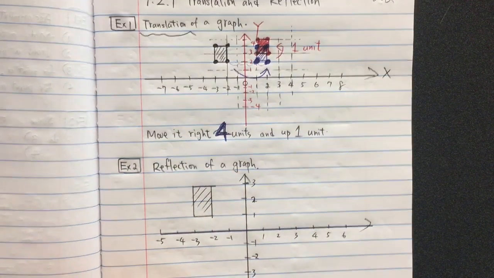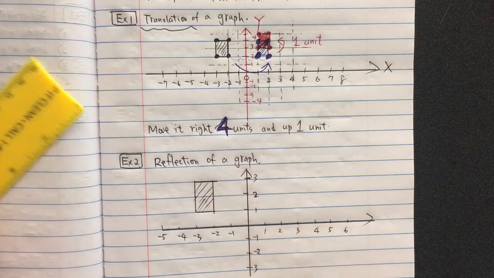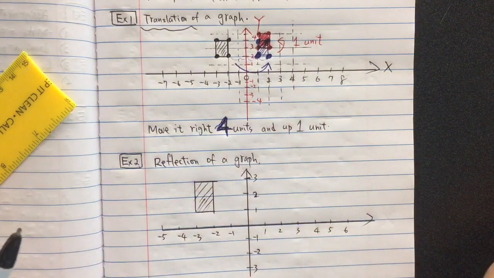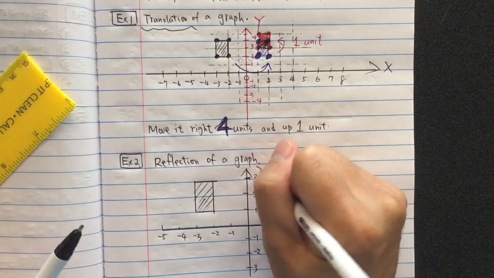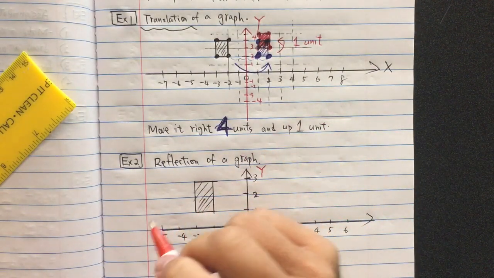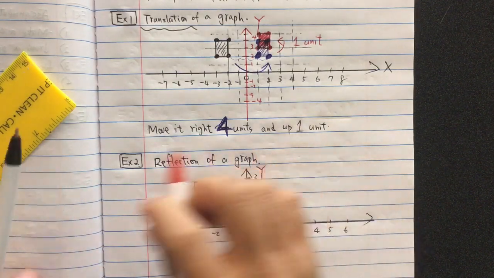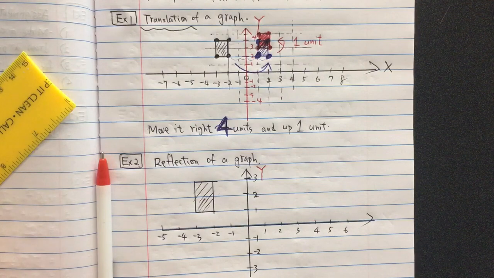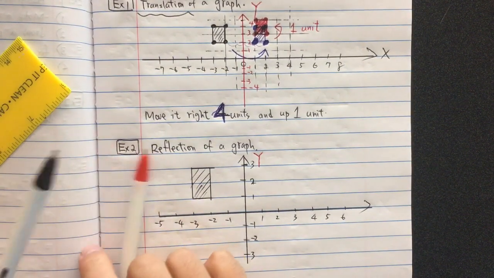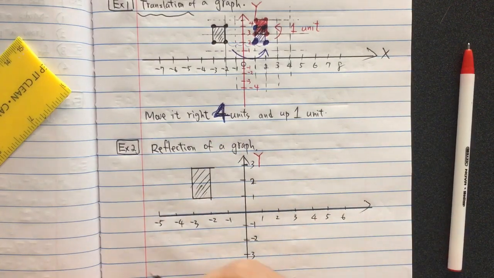Now I would like to reflect the graph by the y-axis. Please reflect it by the y-axis. So how to do it?